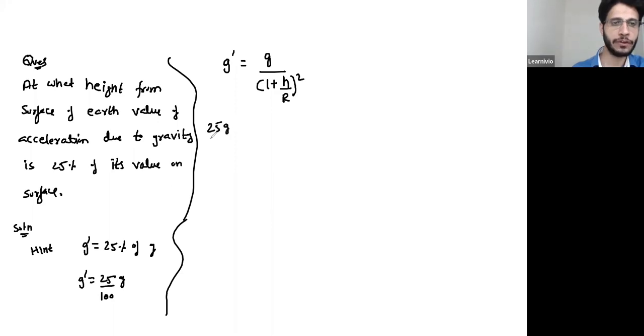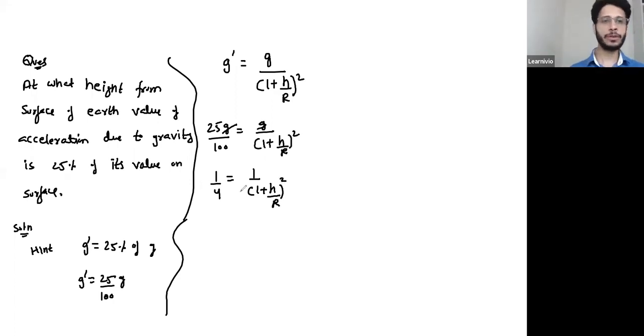See, this is 25 G by 100, which is G over (1 plus H by R) whole square. So this G will cancel this G. 25 by 100 is 1 by 4. It's 1 by 4 is 1 over (1 plus H by R) whole square.